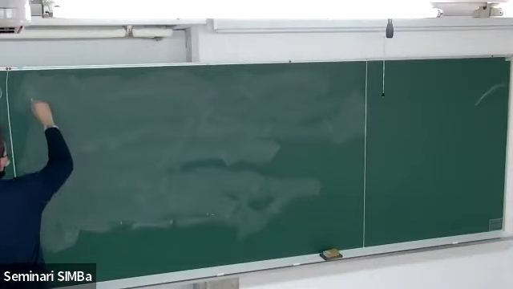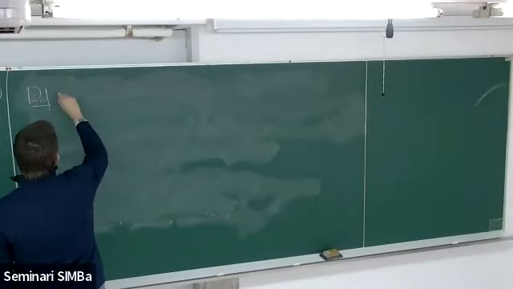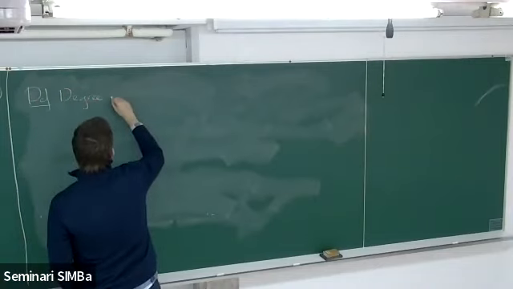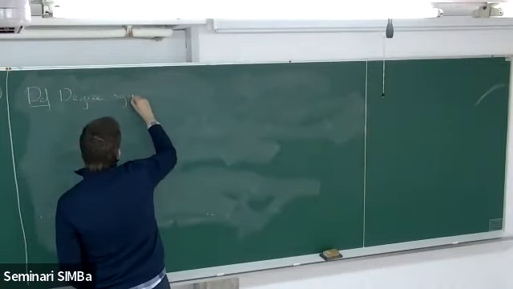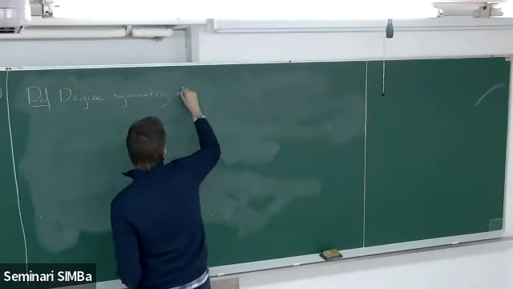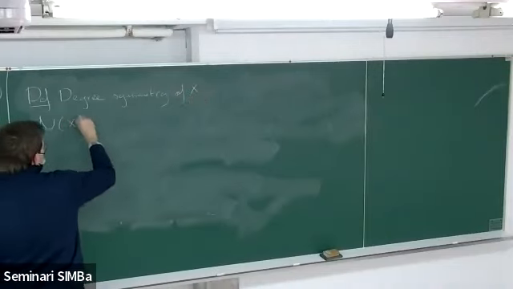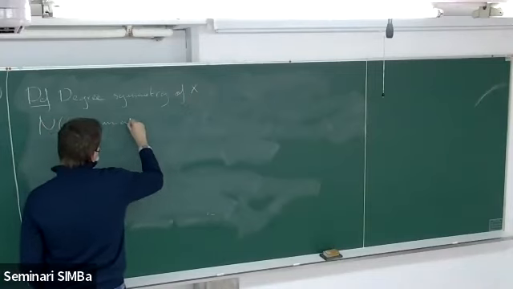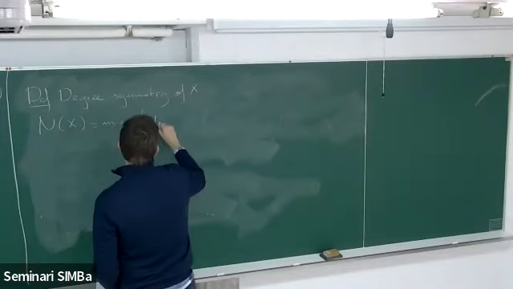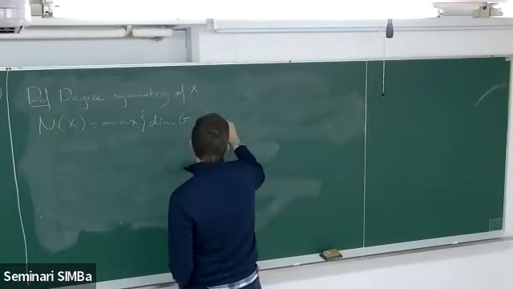So the definition of degree of symmetry is, perhaps not really imaginative, of X, it's simply defined as the maximum of the dimensions of compact Lie groups G.